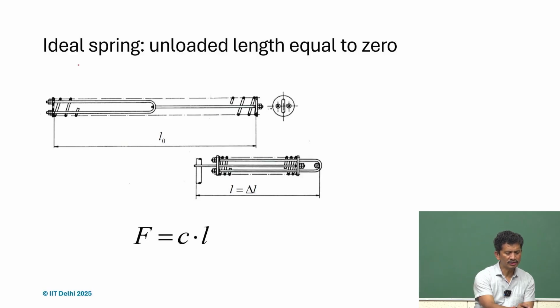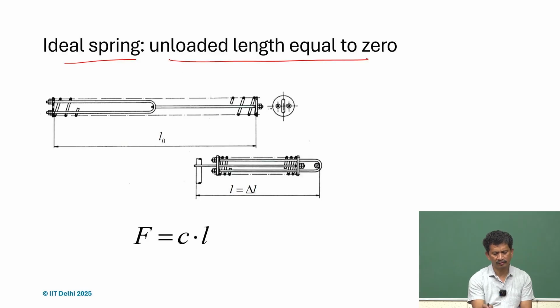Now the question is how to achieve the ideal springs, with unloaded length equal to 0. The advantage of an ideal or zero length spring is that whatever the length of the spring is, that is the deflection, and we can straight away use it and get the very beautiful mechanism we just discussed.